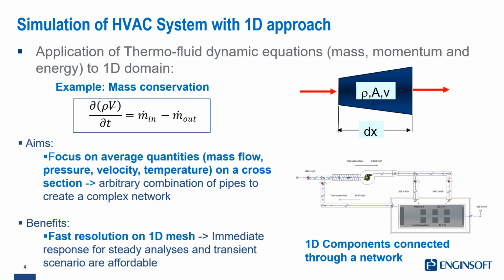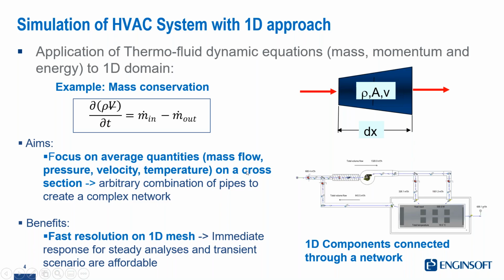This kind of approach is to focus on the average quantities, because they are the main quantities that you would like to process and point out: mass flow, pressure and velocity, and also temperature, averaged on a cross section.